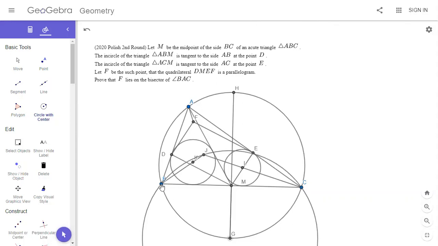G is obviously the circumcenter of BJC. I feel like there's got to be some similar triangles that we create using these parallel lines.